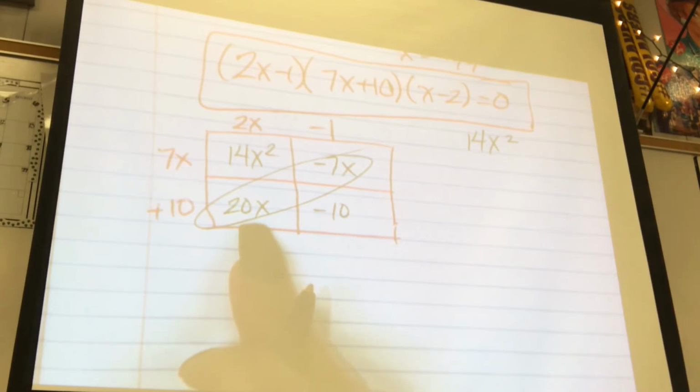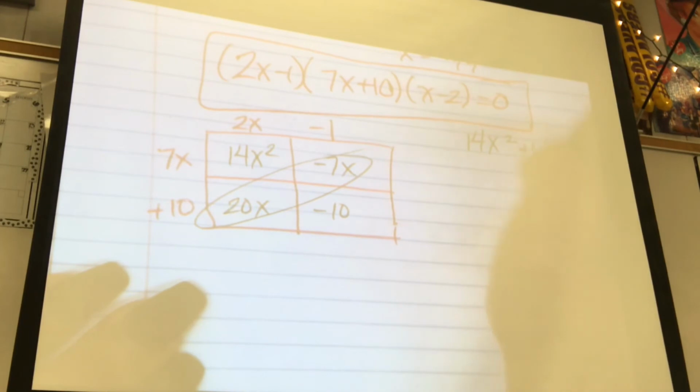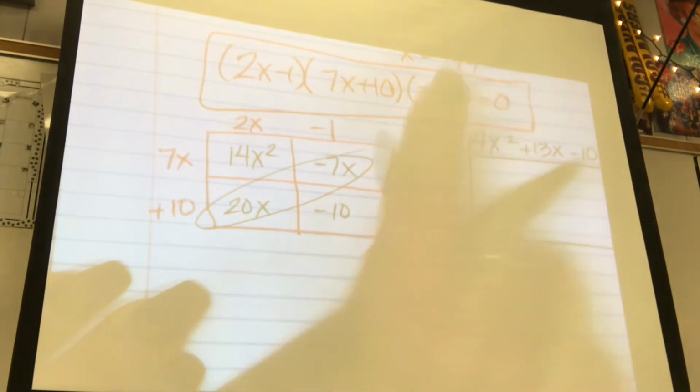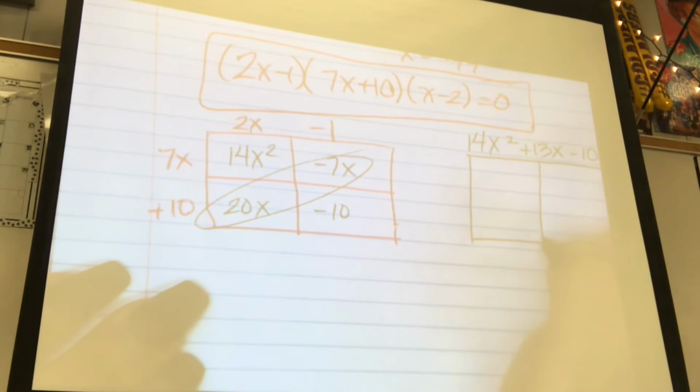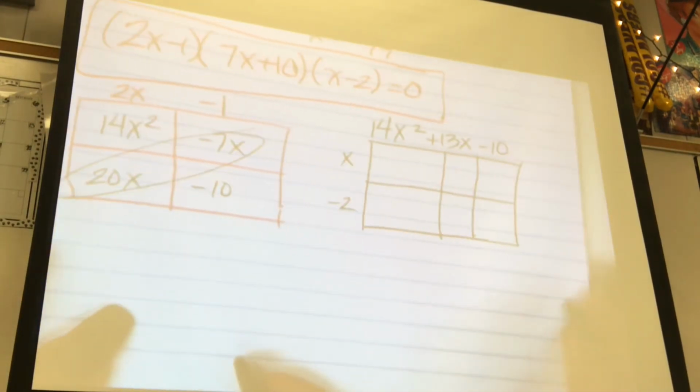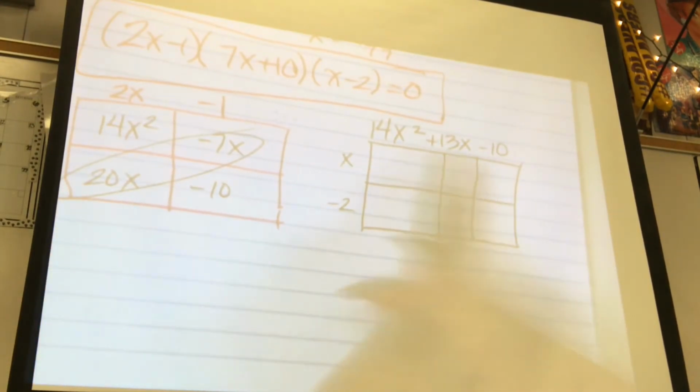How many x's? All right. That has to be multiplied by what? What are we missing? Careful, my bad, x minus 2. Now do that times x minus 2. So now you have to just do one more time.